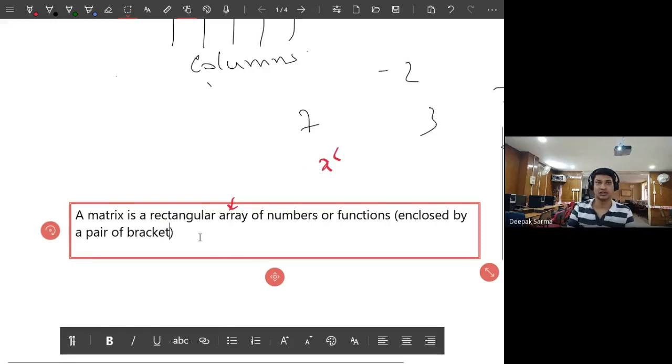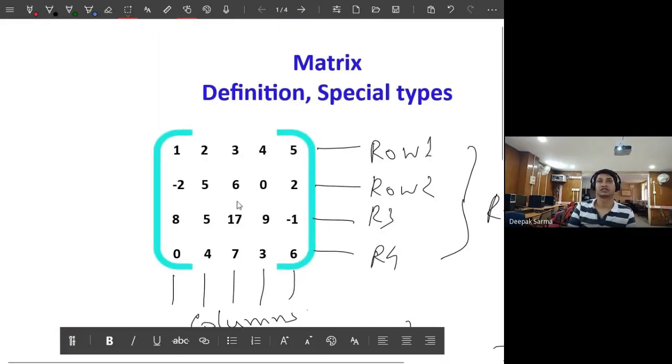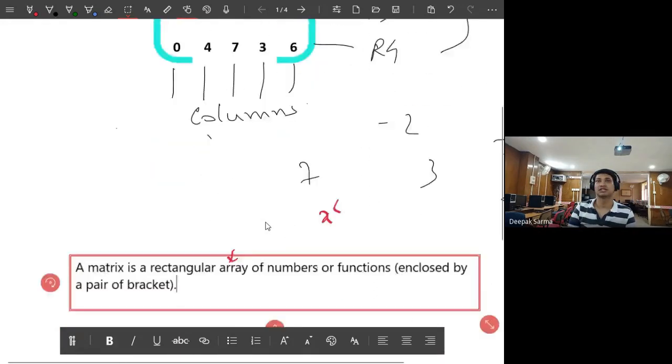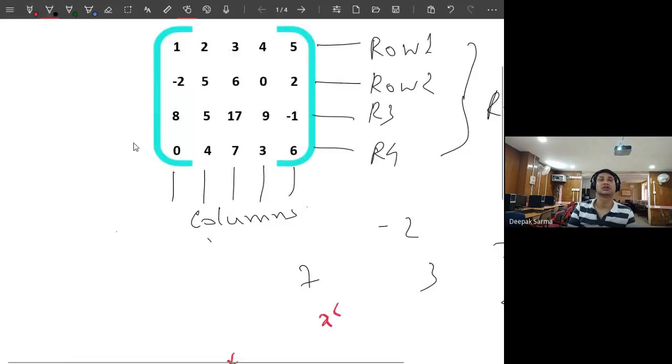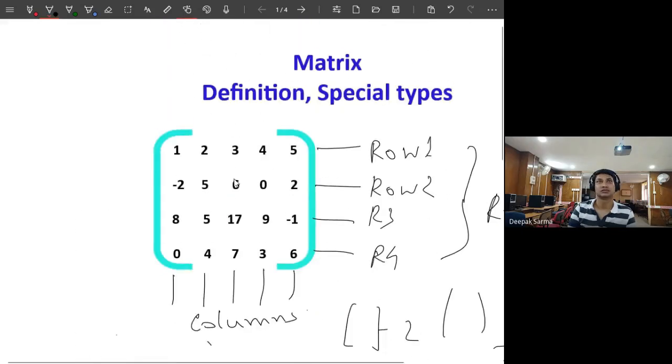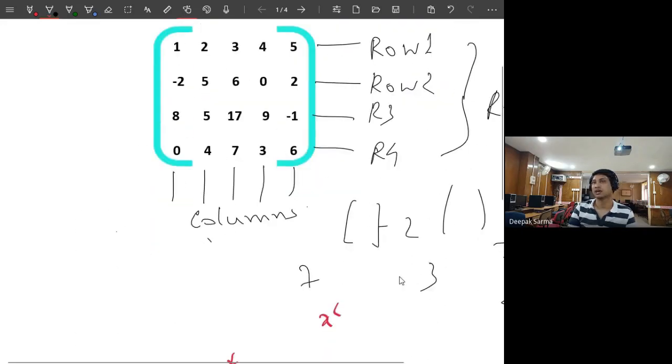Got it? So here that pair of brackets, I have used the first bracket or the round bracket, but instead of that, if I want, I can use the square bracket also. So sometimes square bracket is used, or sometimes we use the round bracket, but we rarely use the curly bracket. We don't use curly bracket for matrices.